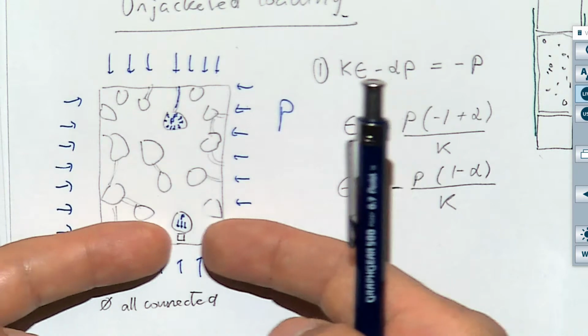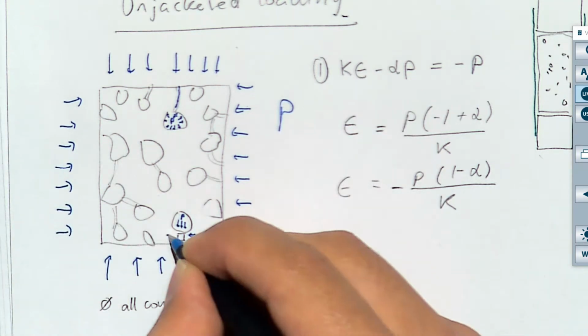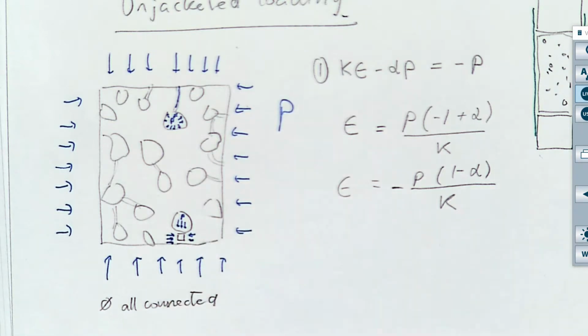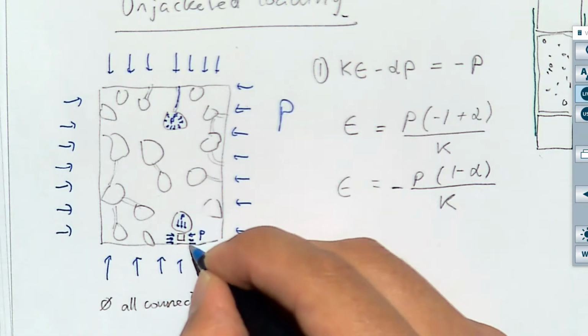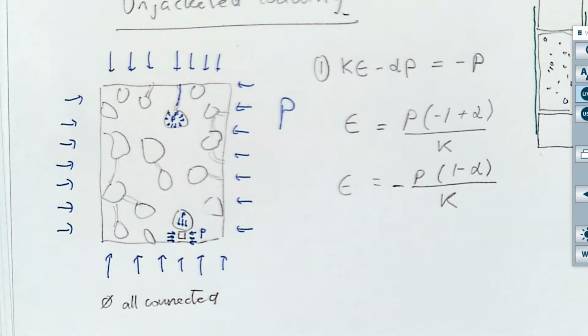So in this direction, we also are going to have a stress in the solid matrix, which is going to be P. So at the end of the day, the stress in any part of the solid is going to be equal to the pressure.